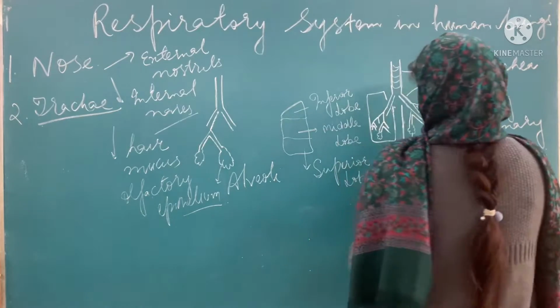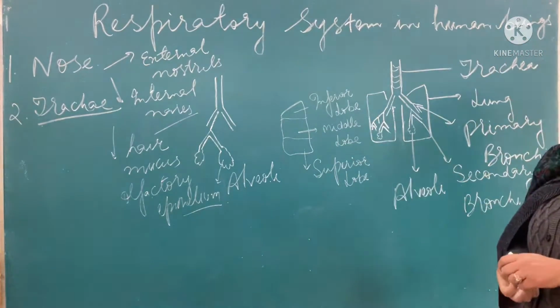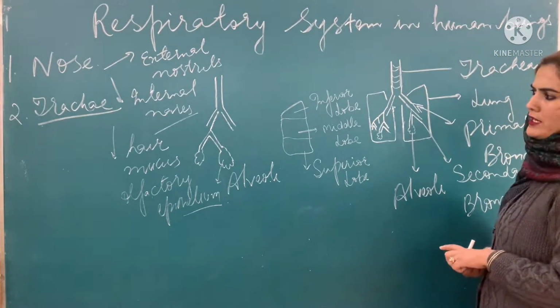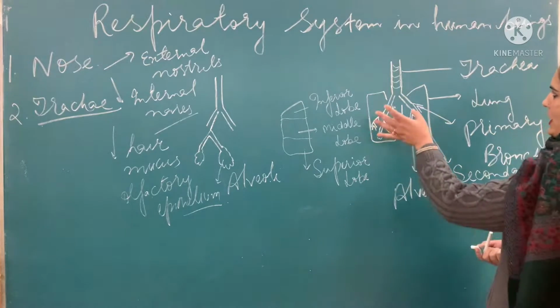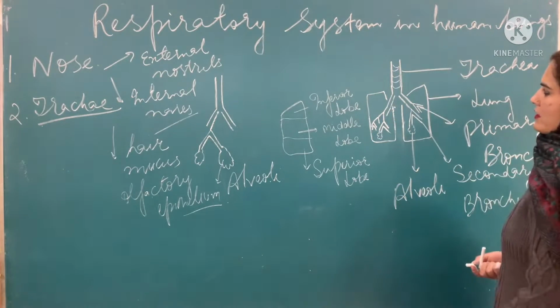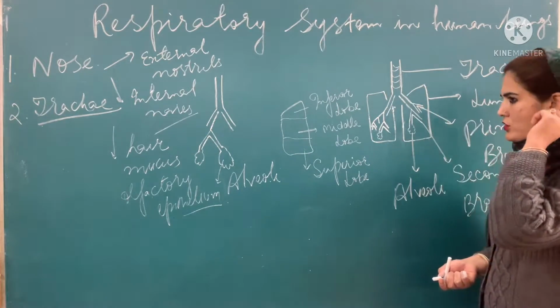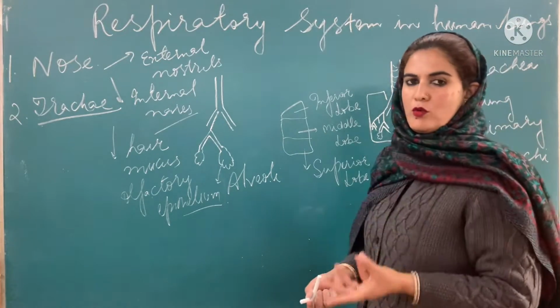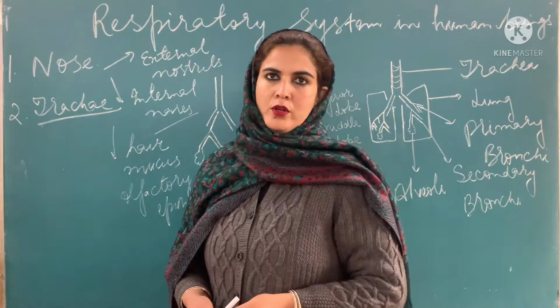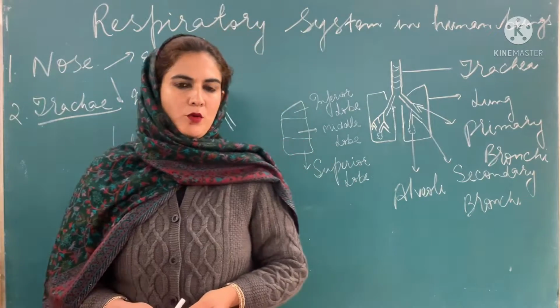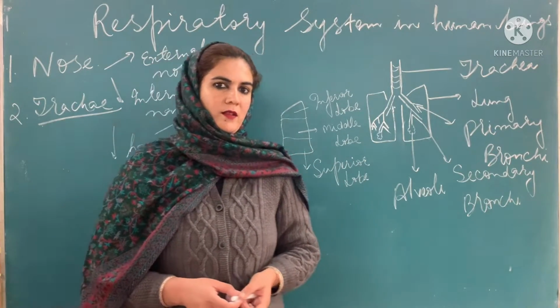As you can see here, I have drawn a rough outline. You can get better diagrams in the book, but I have given a rough outline here. So this is the trachea, commonly known as the windpipe. The trachea is made up of cartilaginous rings.